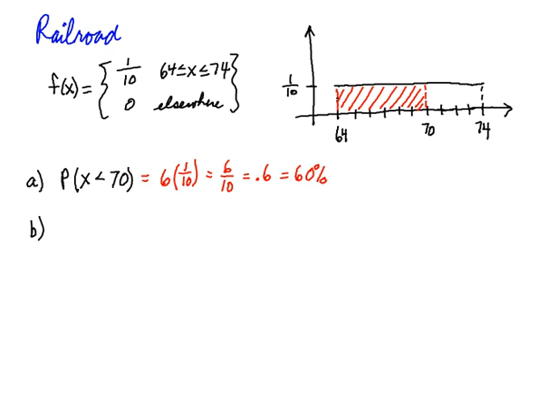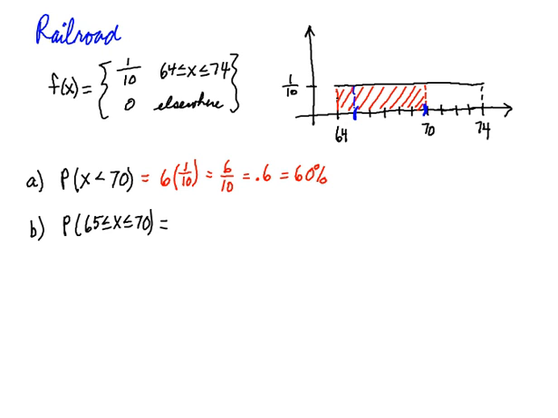Okay, B. What is the probability that the commuting time is between 65 and 70? Where is that interval? 65 is right here, right above the 64, and to 70.